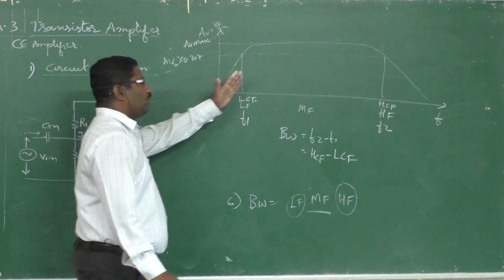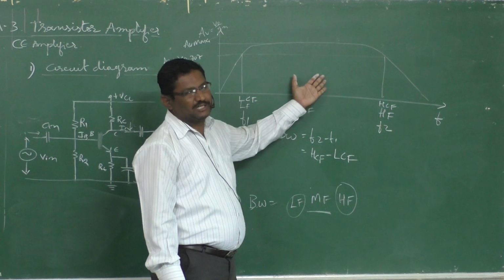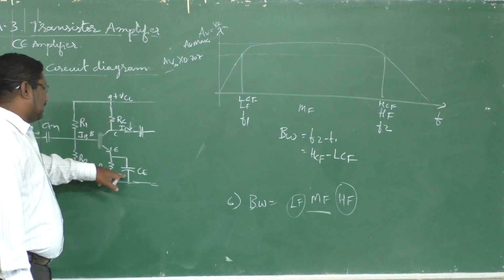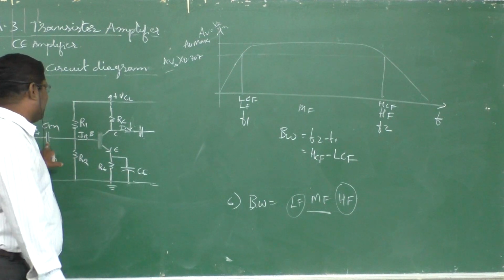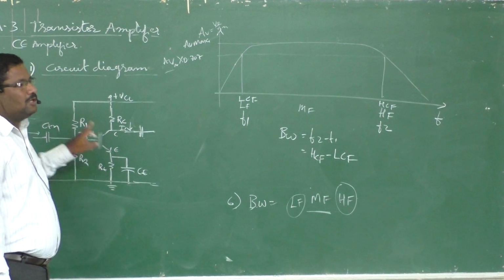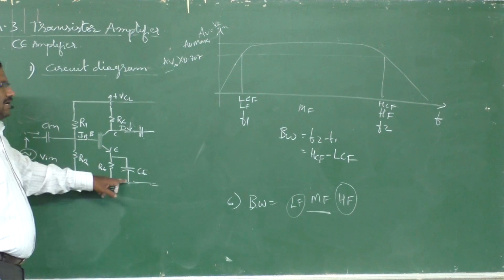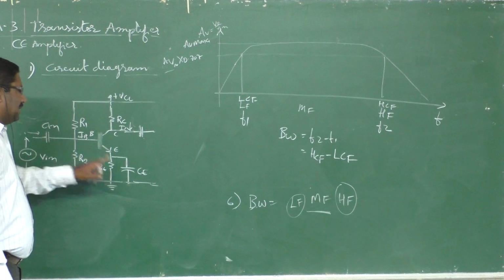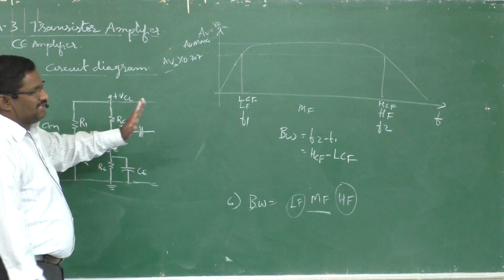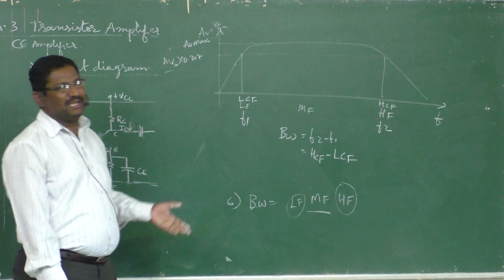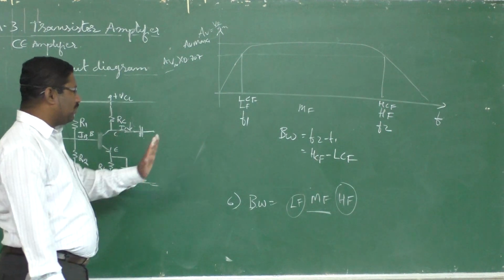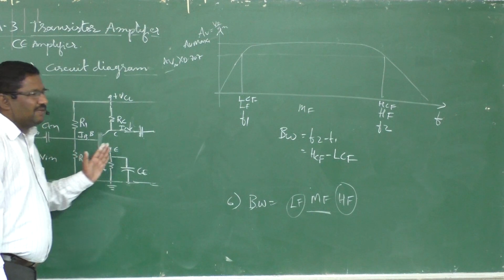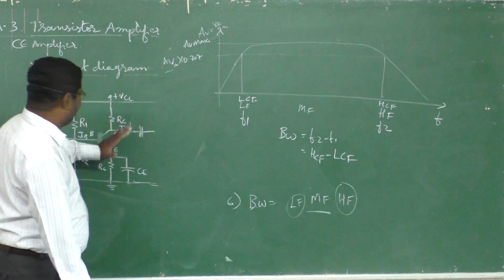And why is it responding like this? In this circuit we have the input coupling capacitor and the bypass capacitor. For the lower frequencies, they impose very high impedance, and the signal will not be allowed into the amplifier to amplify.